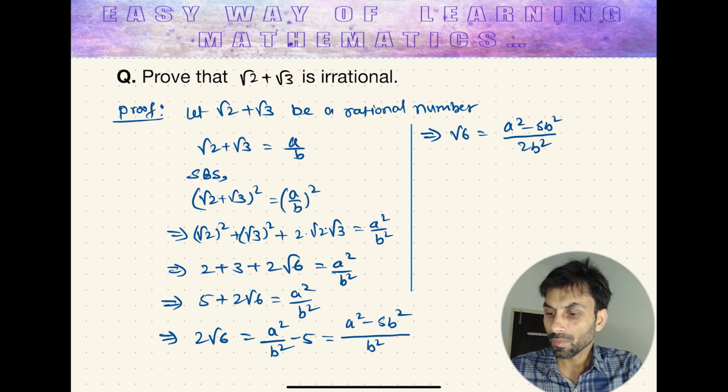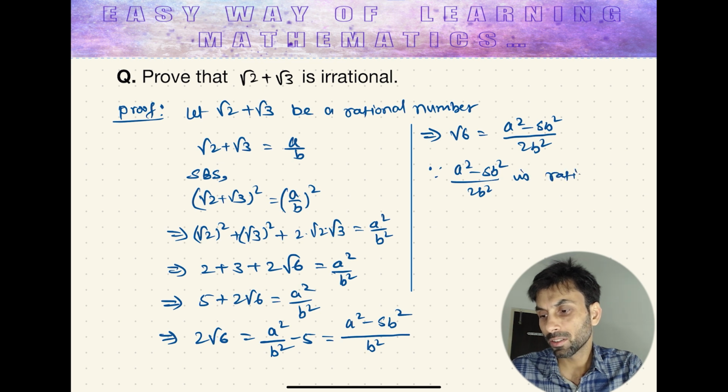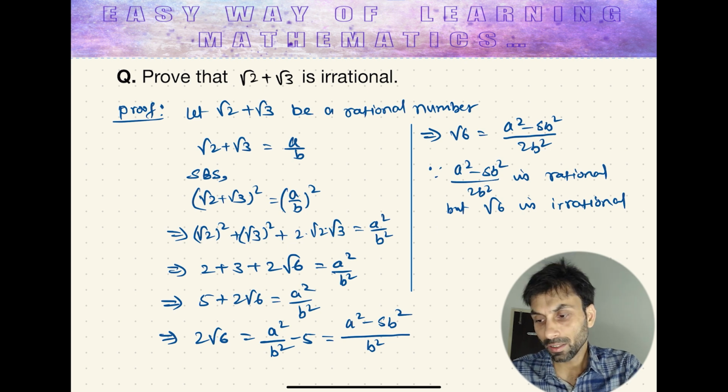So what we can say is that here, since a square minus 5b square upon 2b square is rational, but root 6 is irrational, we can say that LHS and RHS are not equal, which is contradictory.